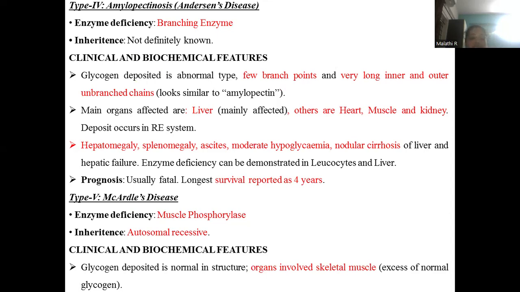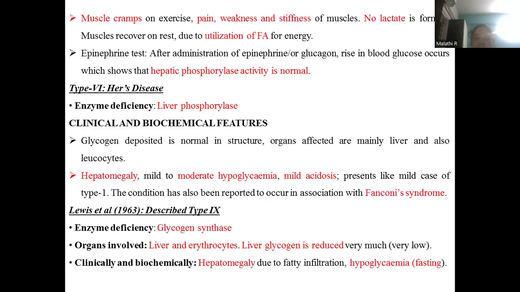Type 5, McArdle's disease. The enzyme deficit is muscle phosphorylase, and the pattern of inheritance is autosomal recessive. The clinical and biochemical features include glycogen deposition of normal structure, and the organ involved is skeletal muscle, where an excess of normal glycogen is seen.